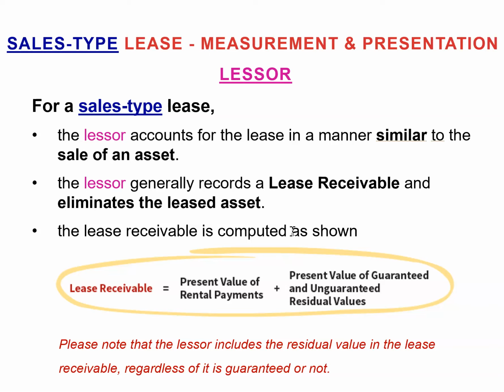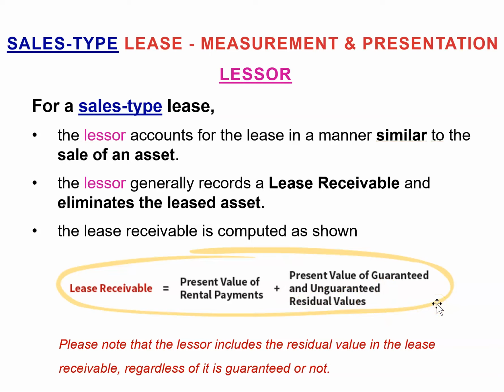From the lessee's perspective, if you remember, when they calculated the lease liabilities, they included the present value of all rental payments, or the monthly or yearly installments. On the other hand, when the lessor calculates lease receivables, the lessor will include both the present value of those installments plus the present value of the residual values.